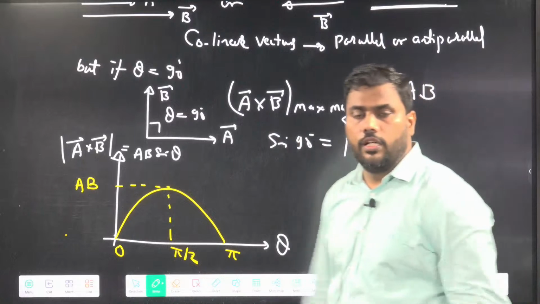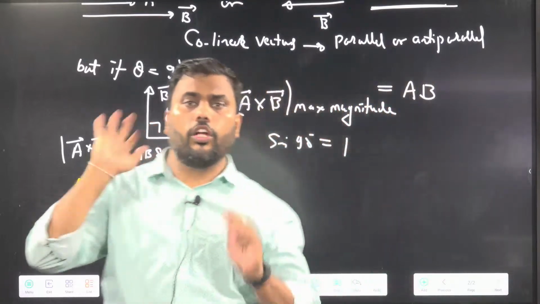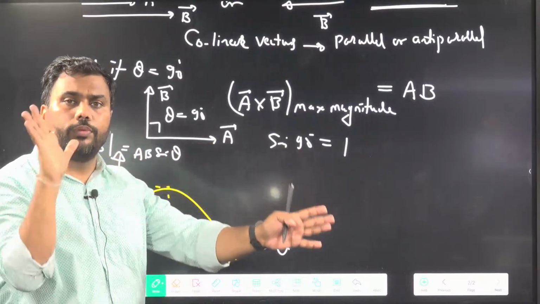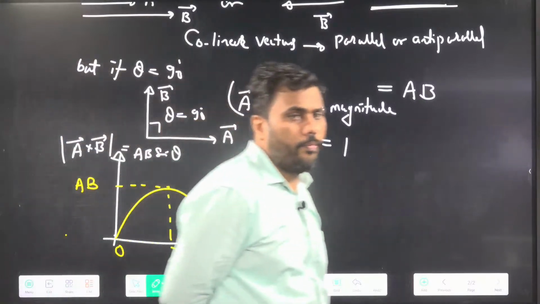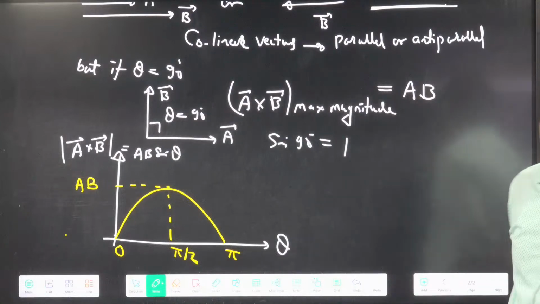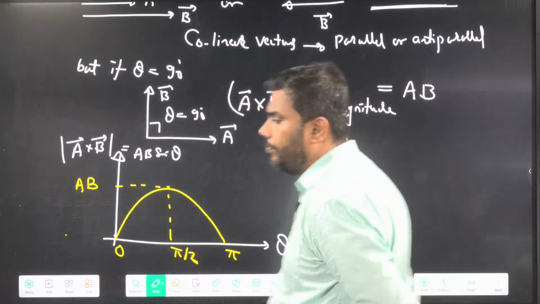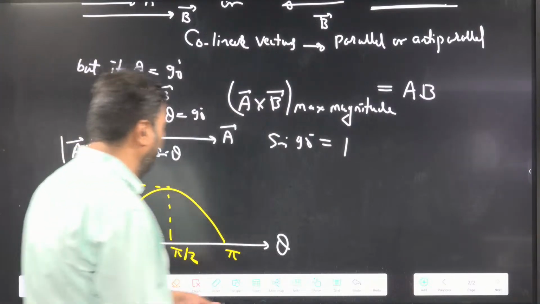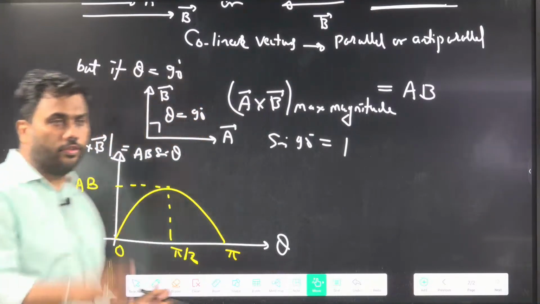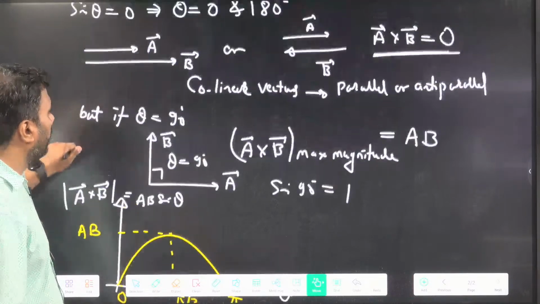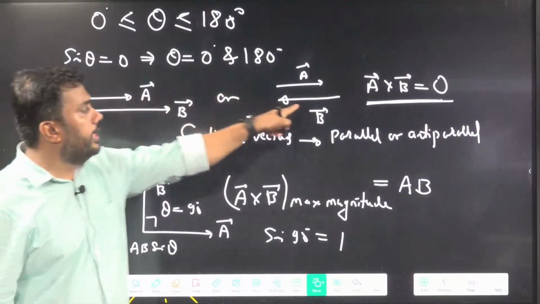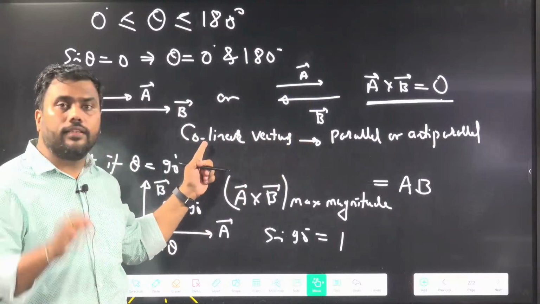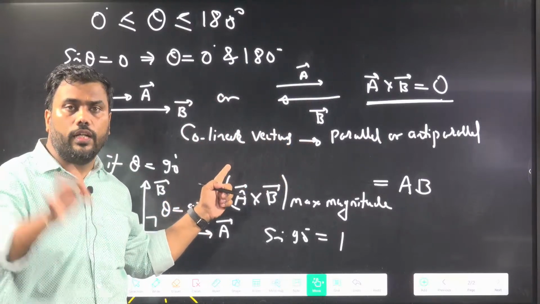Is this clear? When two vectors are perpendicular, their cross product gives you maximum magnitude. When they are parallel or anti-parallel, which we call collinear, their cross product becomes 0. If vectors are collinear, the cross product is 0.